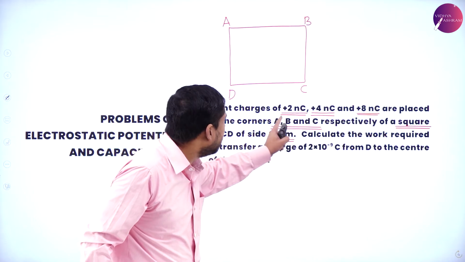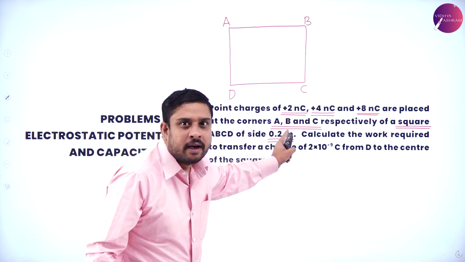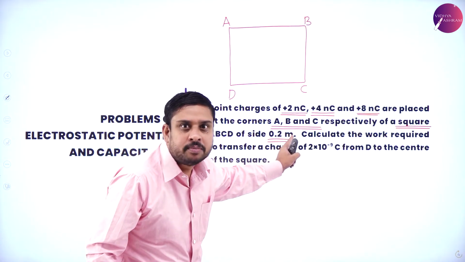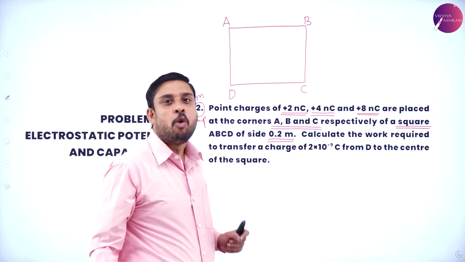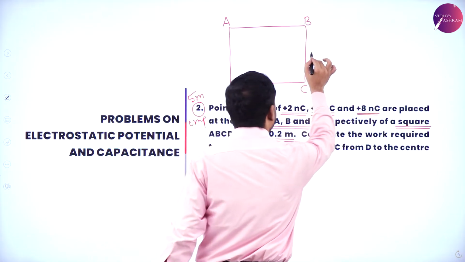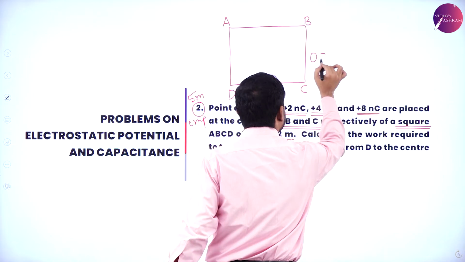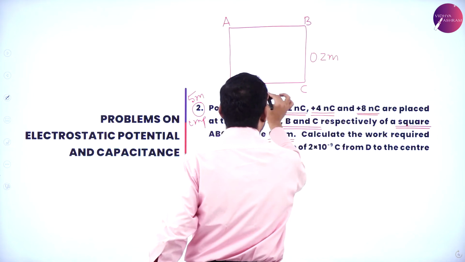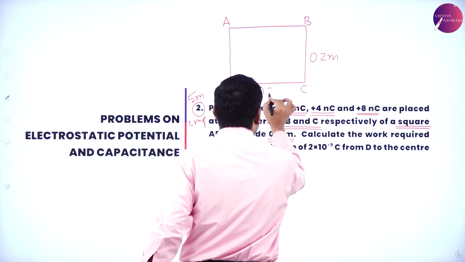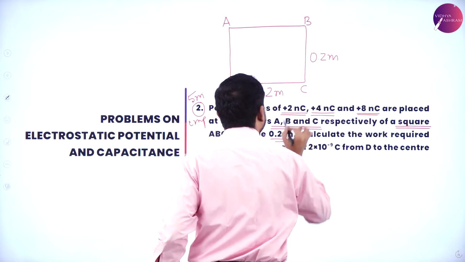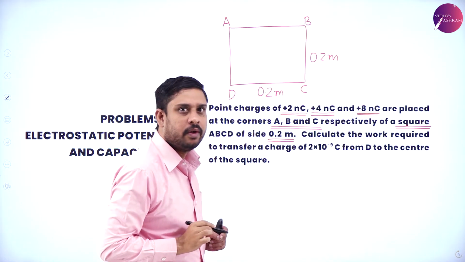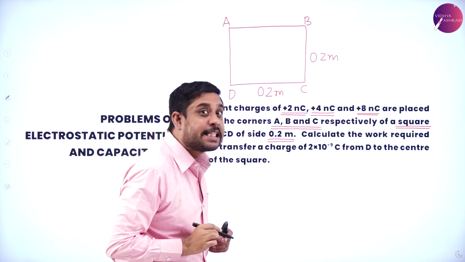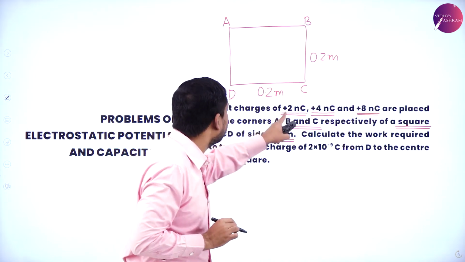What is the side of the square? 0.2 meter. What is the charge placed at A?